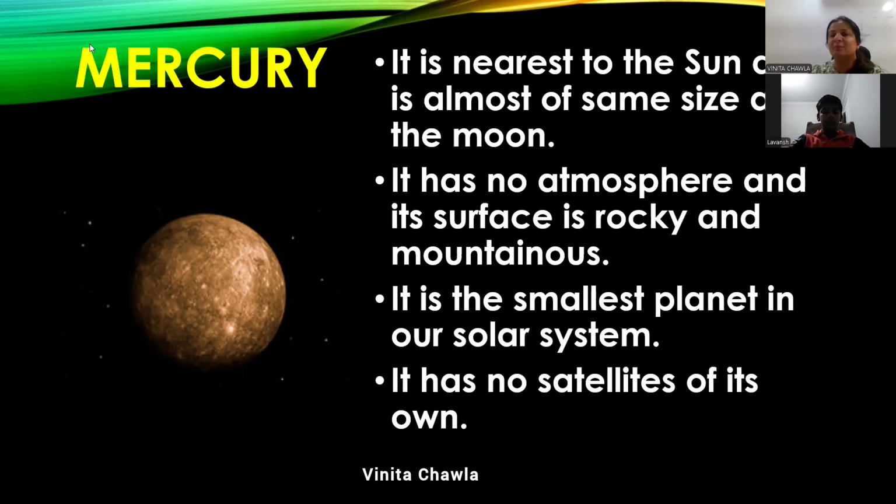In how many days does Mercury complete its one revolution around the sun? Any idea? It is 88 days. It completes its one round around the sun in 88 days.